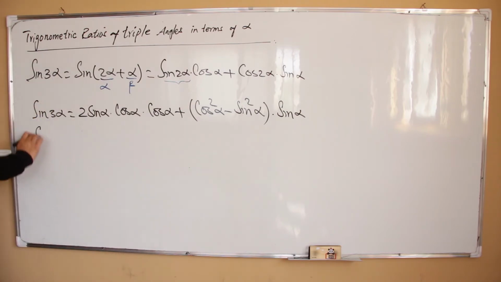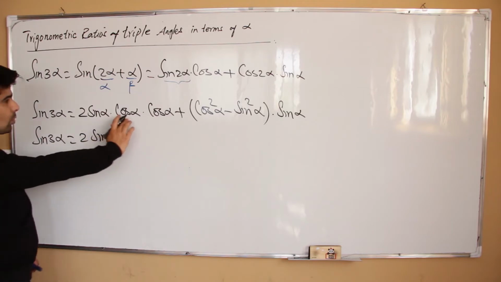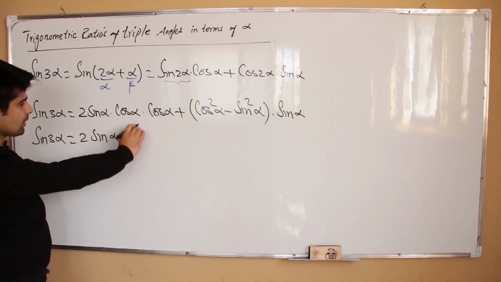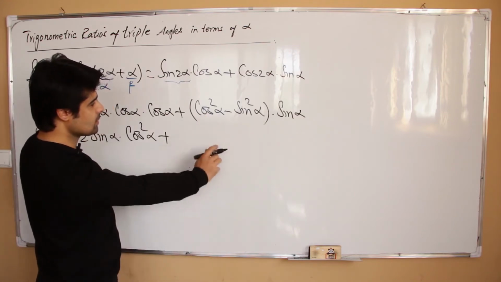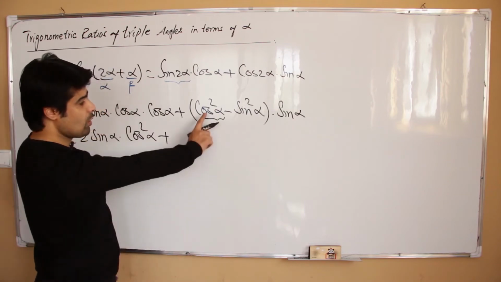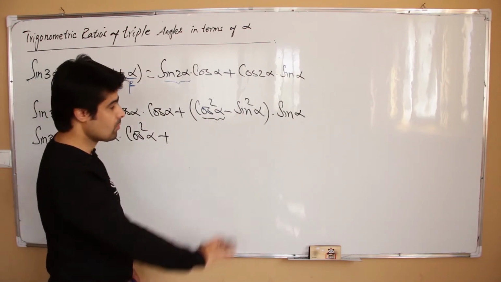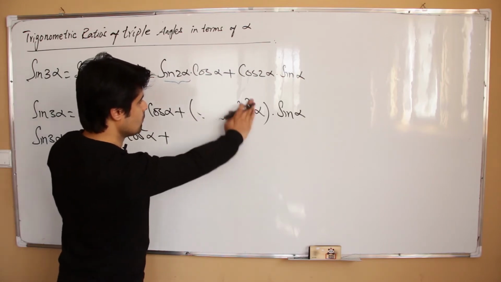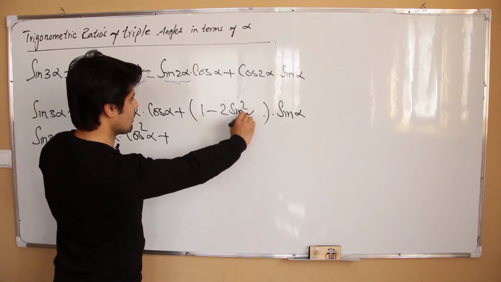Now sine of 3 alpha is equal to sine of alpha, cosine it is cosine square of alpha, plus now instead of this cosine can I use 1 minus sine square? Yes, that 1 minus sine square with this sine square becomes 1 minus 2 sine square. So we can put 1 minus 2 sine square of alpha.